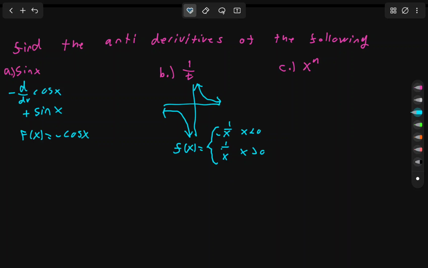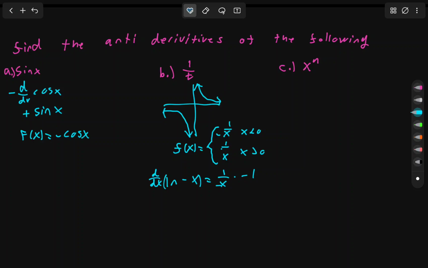Well, that is just going to be the natural log of negative x, because taking the derivative of it using the chain rule, we get 1 over negative x times negative 1.